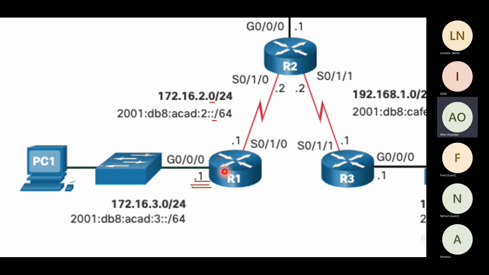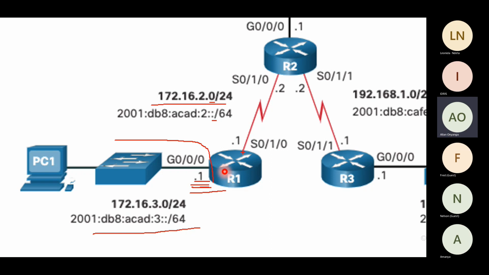This is this network here. Their addresses are actually down here. Sorry about that. So the IP address of G0/0/0 is 172.16.3.1, and the IPv6 address is 2001:DB8:ACAD:3::1/64. And so is the upper one here, 172.16.2.0.